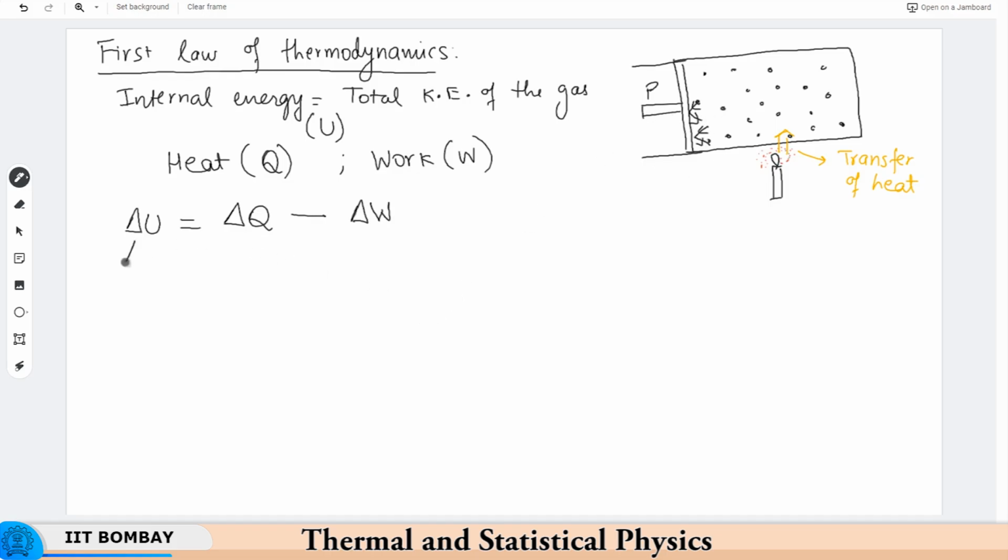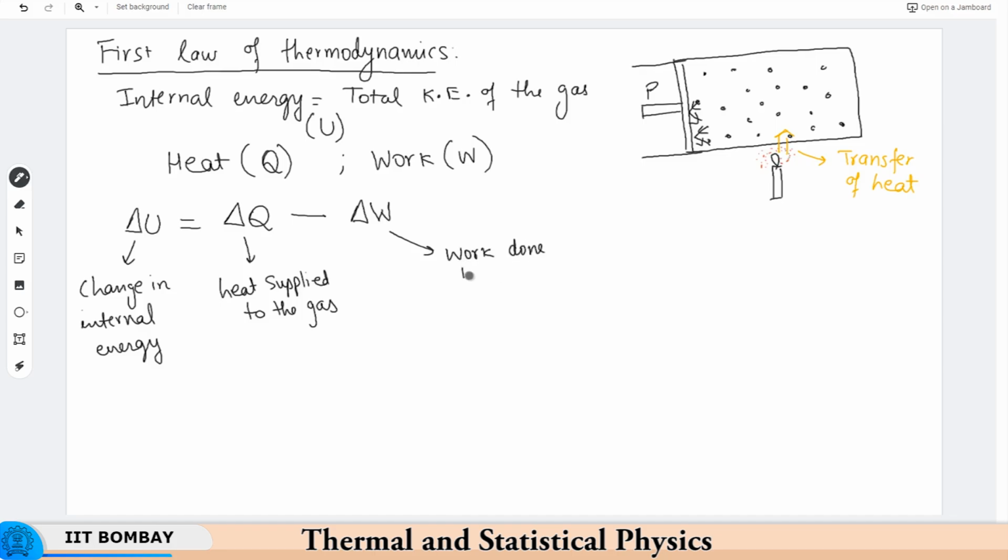So, this is the change in internal energy, this is the heat supplied to the gas, and this is the work done by the gas.